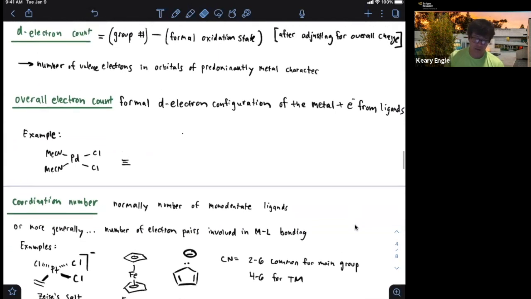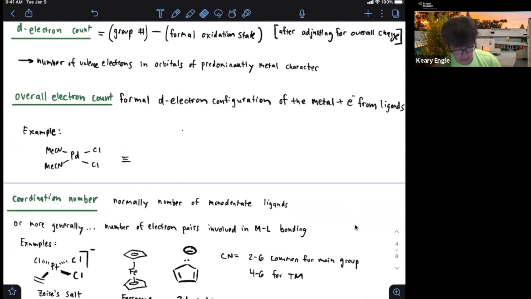The physical meaning of the d-electron count is that it tells you the number of valence electrons in orbitals of predominantly metal character. Again, by analogy to the main group, if you have a tri-substituted amine, you will draw R', R'', and you won't always draw it, but it's implied that there are 2 non-bonding electrons on nitrogen.